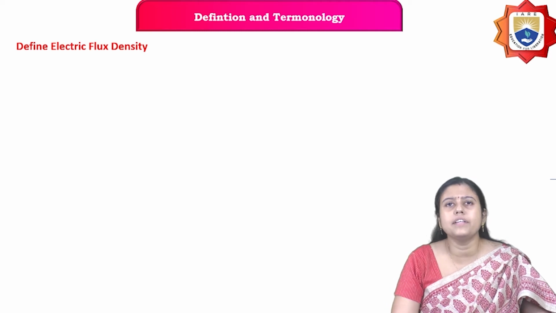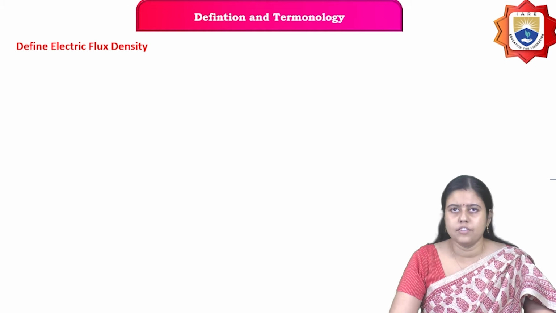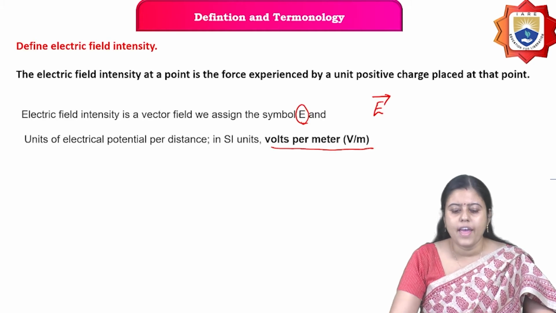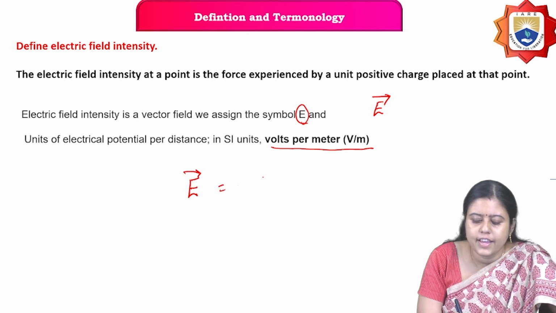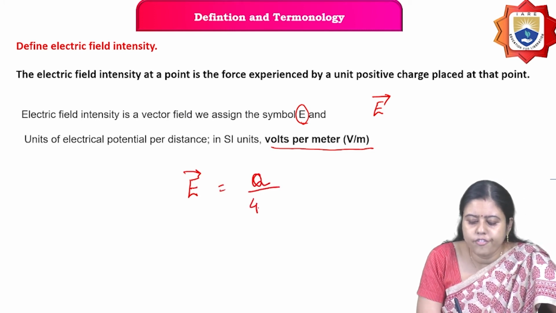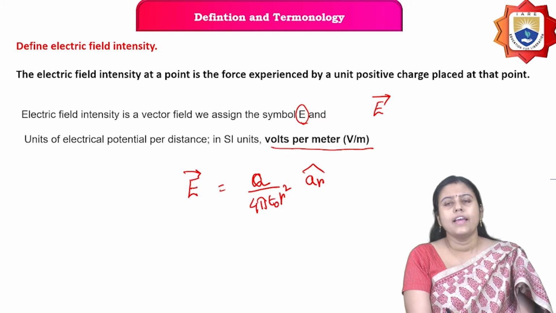Another definition of electric field intensity is Q by 4 pi epsilon 0 r square a_r. What does it mean?